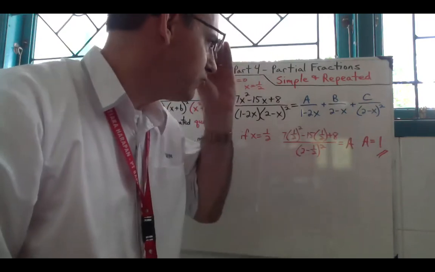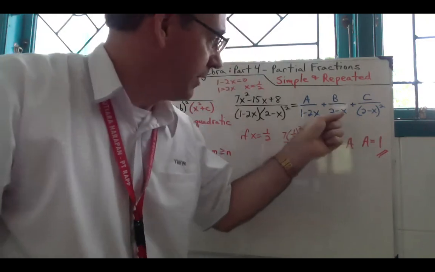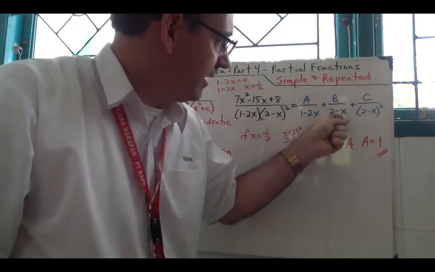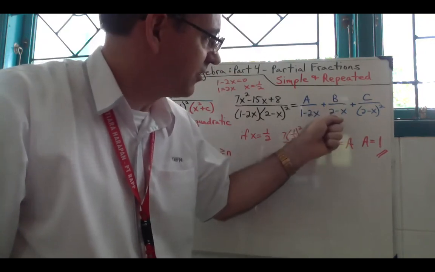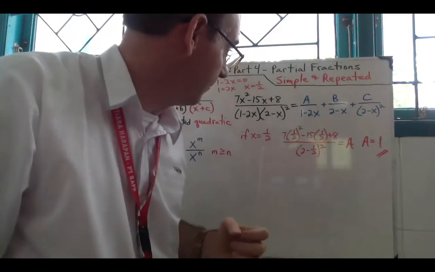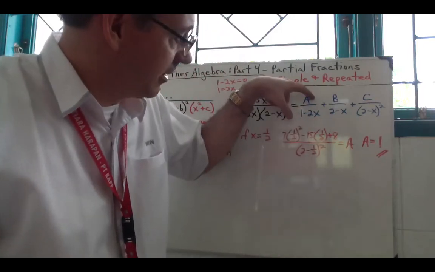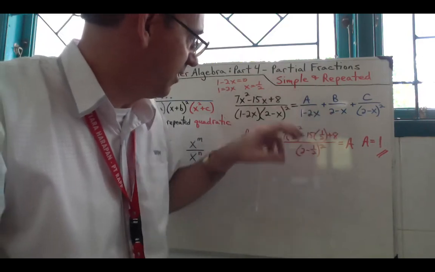Now we actually run into a little bit of a problem with B, because if we multiply by 2 minus x, yes, it does cancel out here and it leaves the B by itself, which is what we want. It does come up here and will cause this whole thing to become 0 when you plug in the 2.